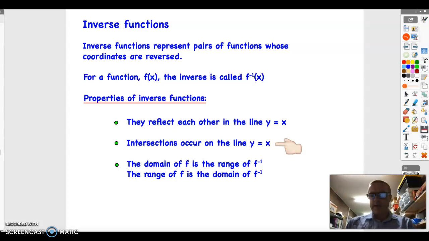It's really a useful property to remember when we're solving problems to do with inverse functions. Another feature of functions and their inverses, and this gets back to the idea that when we switch those columns, the domain of the function becomes the range of the inverse function, and vice versa, the range of the function becomes the domain of the inverse function.